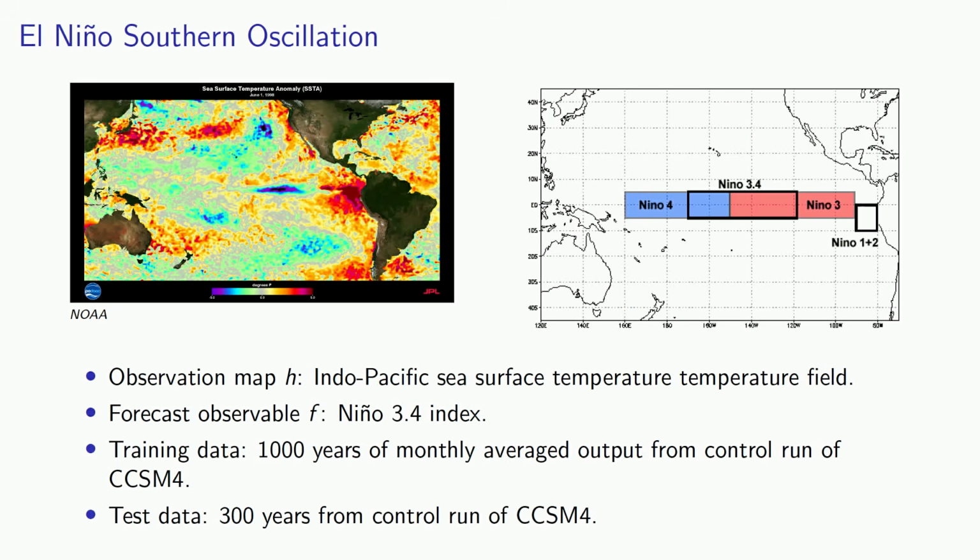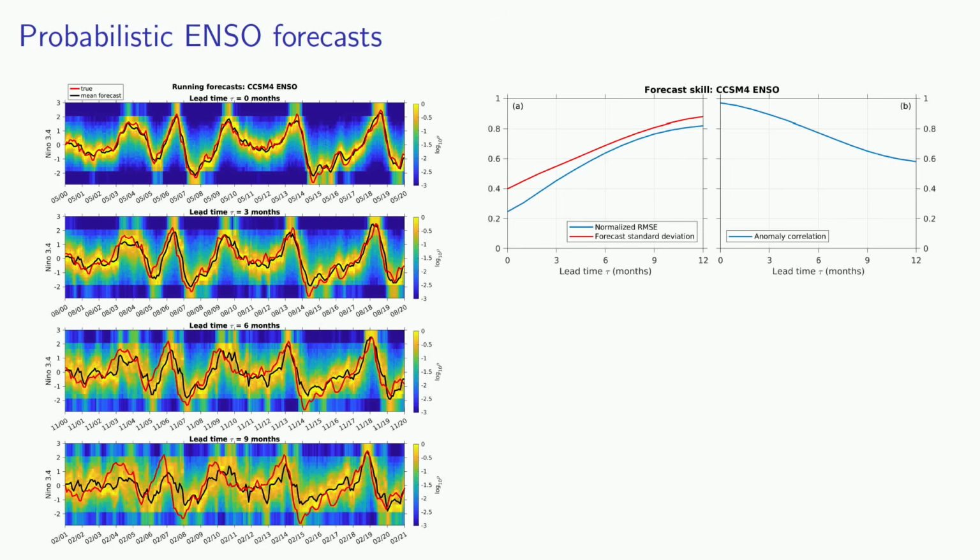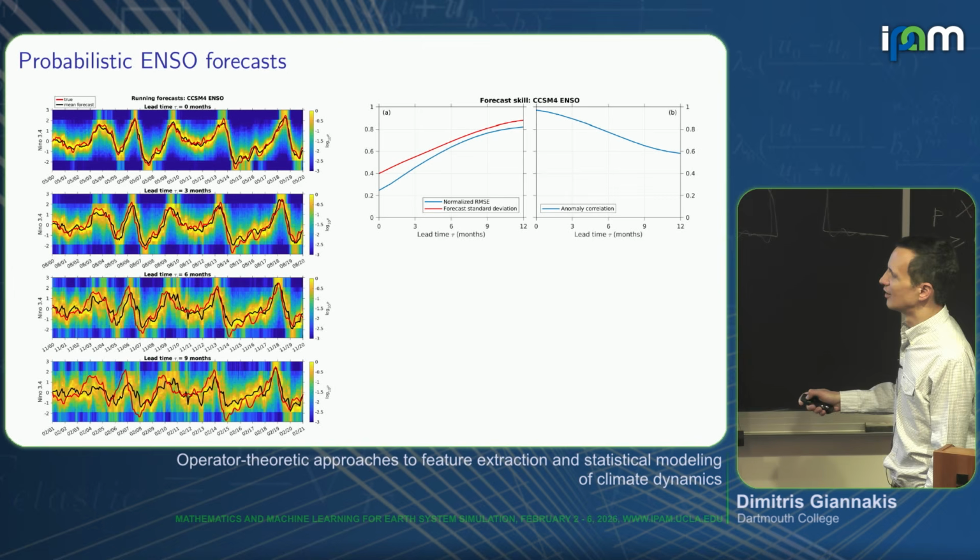The observable to predict would be the Nino 3.4 index, the average SST in this box. In this diagram, I'm showing a running forecast for the Nino 3.4 index, where the colors are logarithms of probability density as predicted by this quantum state. So this can give you a fully probabilistic forecast.